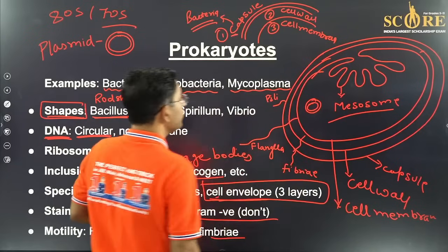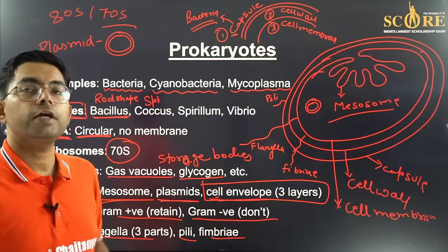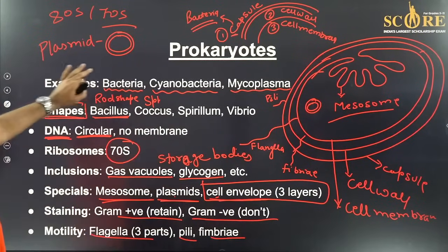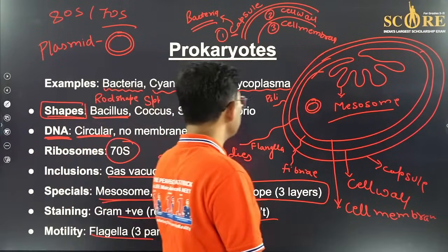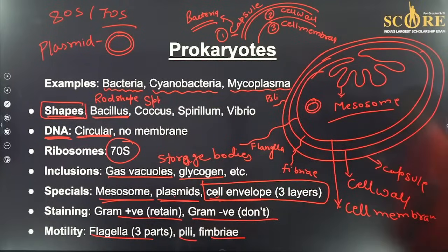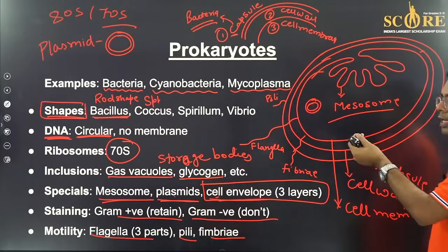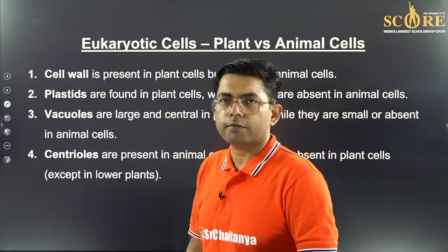Pili, fimbriae and flagella are present on the surface of the prokaryote. So this is all about the prokaryotic organism. From the shape to the envelope, then to the mesosome, plasmid, inclusion body, ribosome, motility, these all are important points which you have to cover.